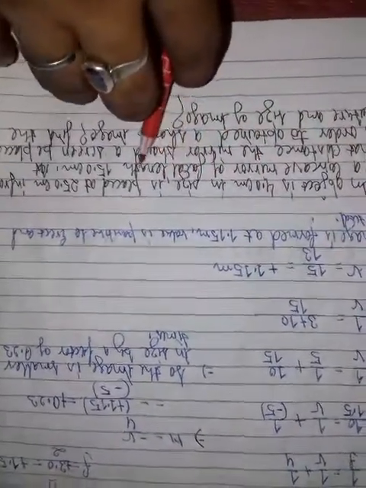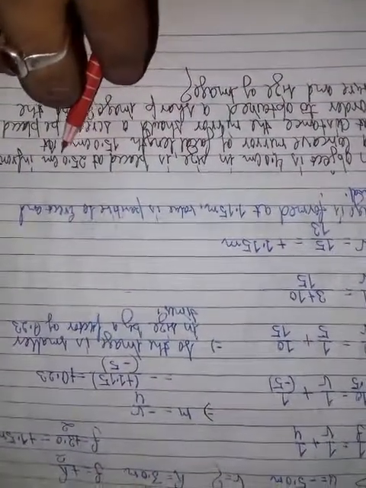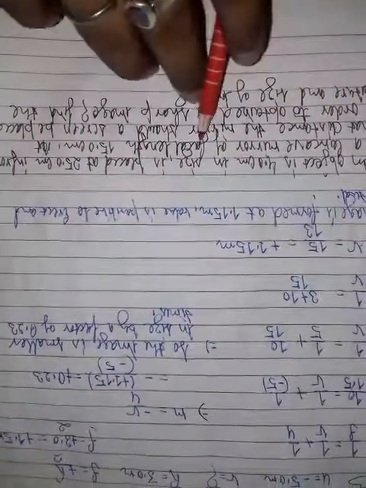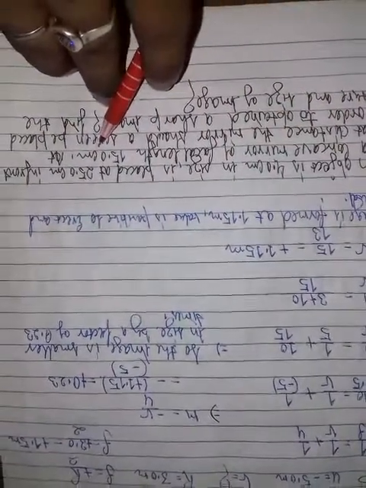In this question, an object 4 centimeter in size is placed at 25 centimeter in front of a concave mirror of focal length 15 centimeter.